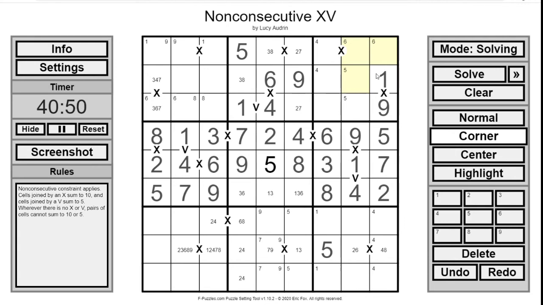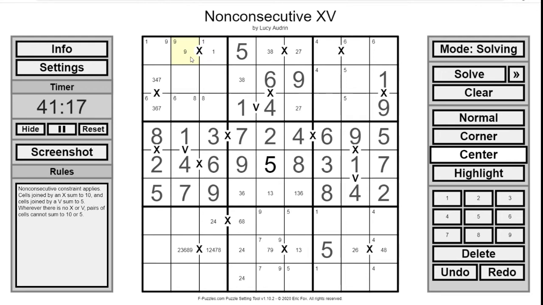Maybe I should look at another x here. So this could be 1, 9. Could be 2, 8. But this space can't be 8. So an 8 here to 2 here, but the 2 would kill the 1s.